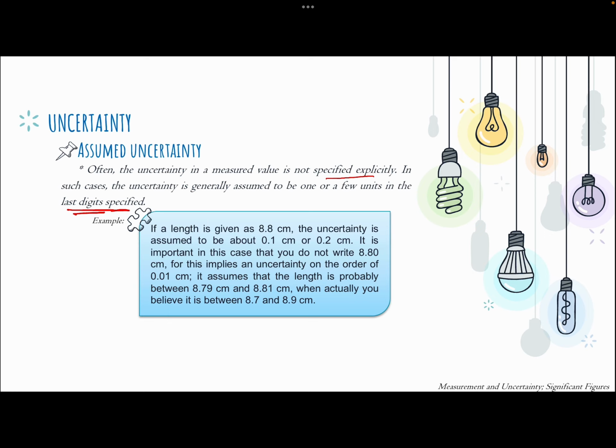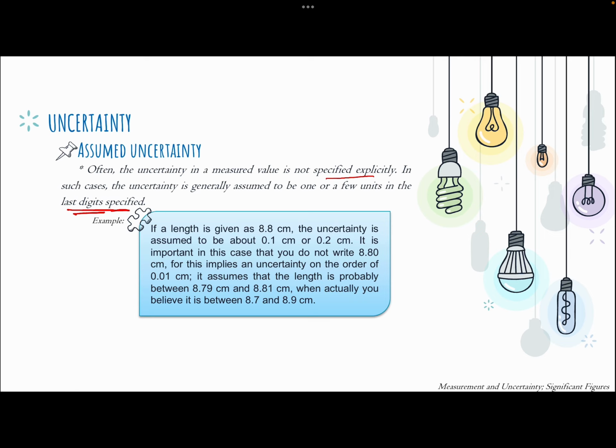It is important in this case that you do not write 8.80 cm, for this implies an uncertainty on the order of 0.01 centimeters. So it assumes that the length is probably between 8.79 centimeters and 8.81 centimeters, when actually you believe it is between 8.7 and 8.9 centimeters.